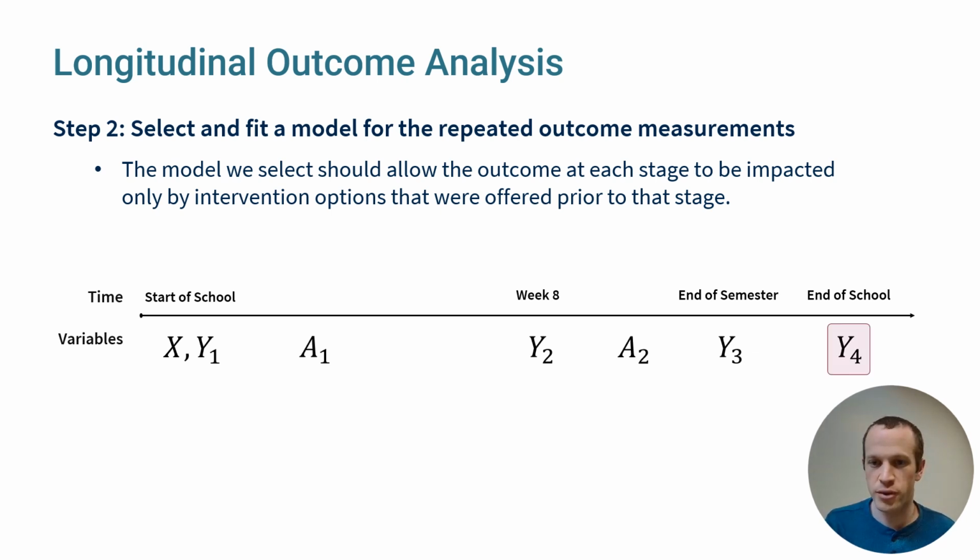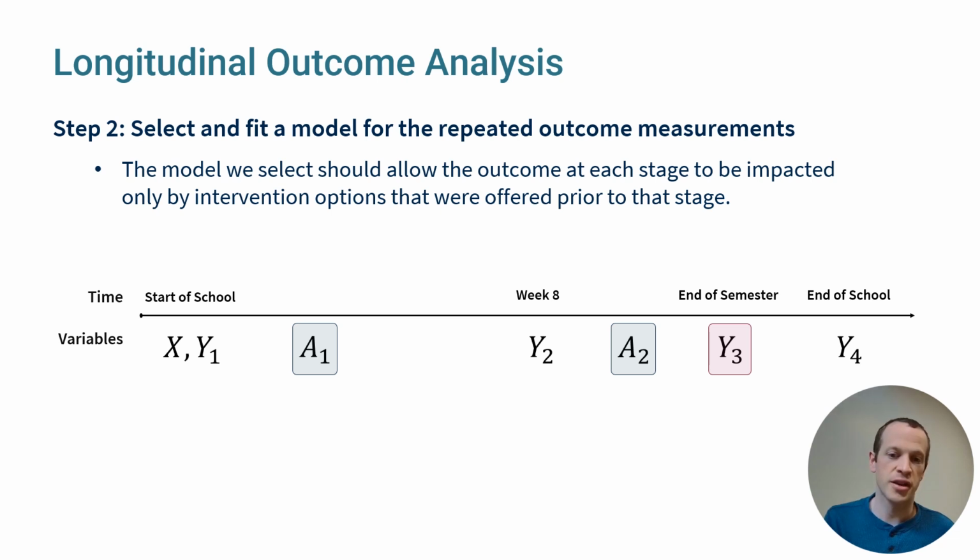So we'll walk through some examples here. Let's think about Y4 first. Y4 can be impacted by both A2 and A1. And the reason for that is that both of those interventions occur prior to Y4. The same is true of Y3.